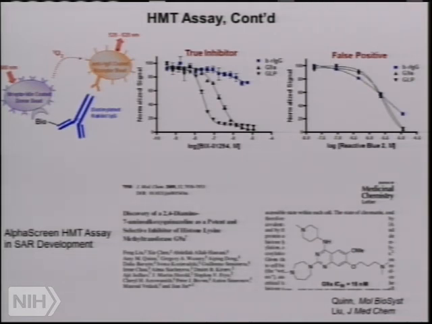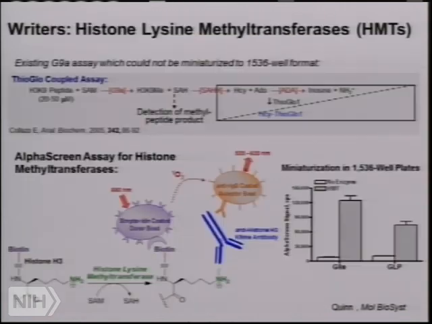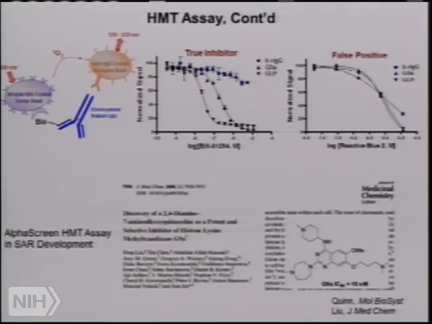So we shorted the assay by using an antibody labeled with biotin, bringing the two colloidal particles together outside the context of the methyltransferase reaction. So if a false positive is tested in this assay, it should give an effect or a signal, because it would act here on this process and not on the catalytic reaction that installs the methyl group.